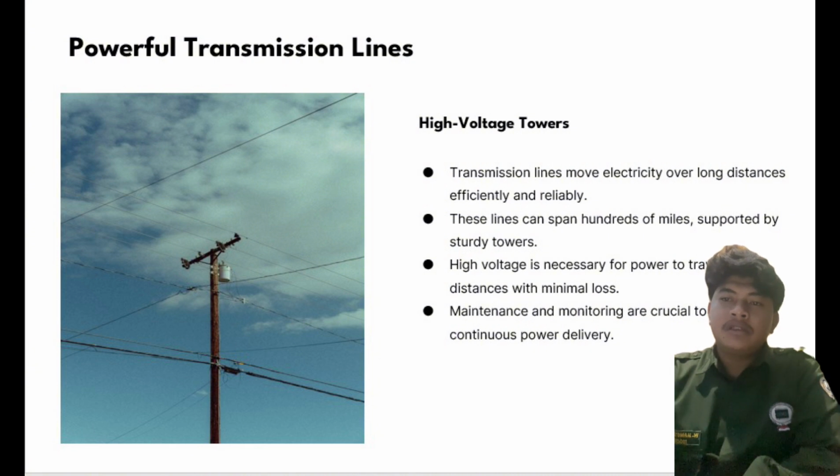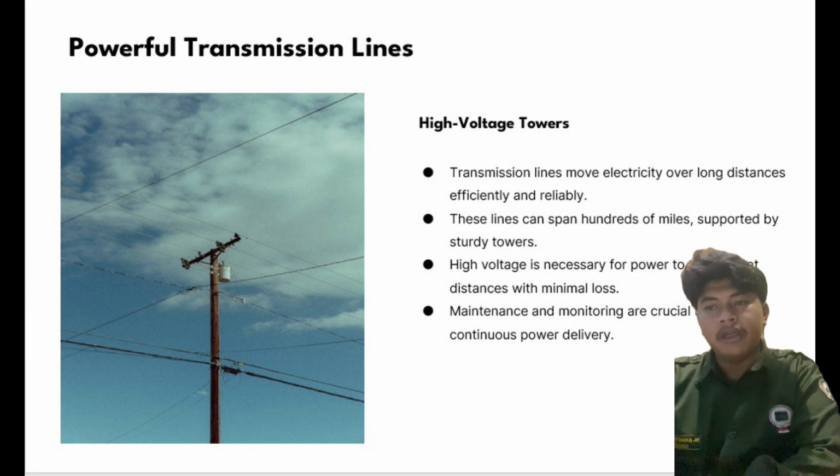Power transmission lines, high voltage towers. Transmission lines move electricity over long distances efficiently and reliably. The lines can span hundreds of miles supported by steel towers.